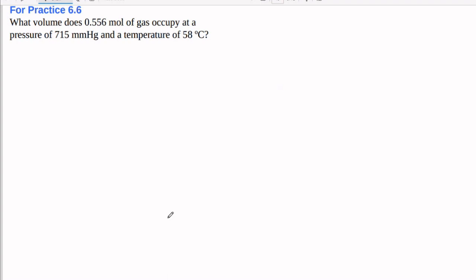All right, in the first one, for-practice 6.6, what volume does 0.556 moles of gas occupy at a pressure of 715 millimeters of mercury and a temperature of 58 degrees C? So remember, PV equals nRT, and in this case, we're looking for volume.